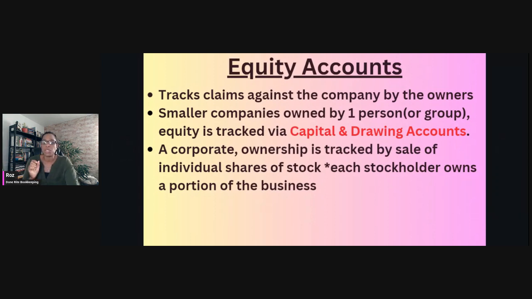I'm focusing on the small business owner, the one person or a small group of individuals who's running the actual company, right? And based on how they identify or classify their business, they're going to be looking at possibly capital and drawing accounts.